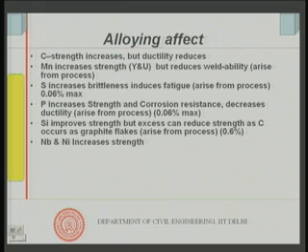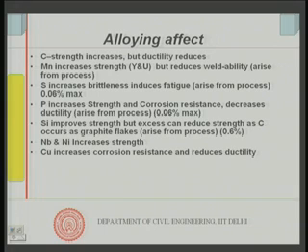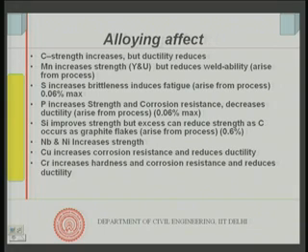Niobium and nickel increase strength, copper increases corrosion resistance and reduces ductility, chromium increases hardness and corrosion resistance and reduces ductility, and these are the effects of various kinds of alloying in plain carbon steel.